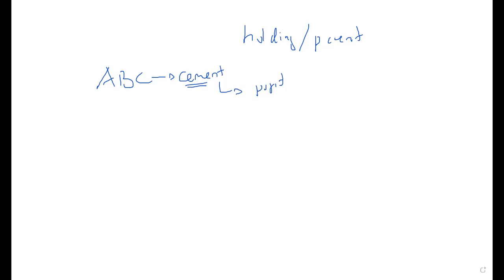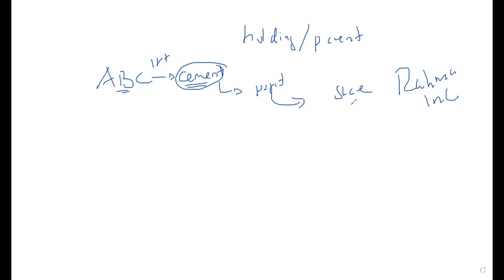You know that business here, Rama, that business for clearing and forwarding, they're making a lot of money, and you want a piece of that action. So what do you do? This ABC Limited, which is a cement company, takes this profit and buys shares in this other one, so let's call it Rama Inc. Incorporated.